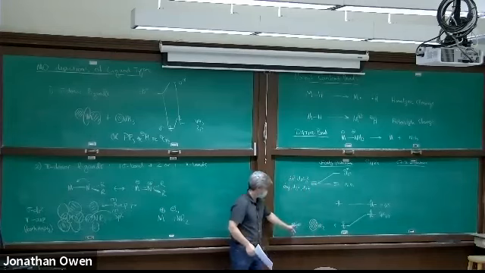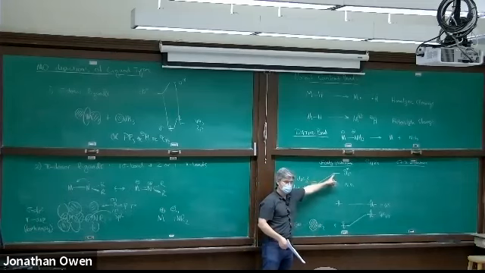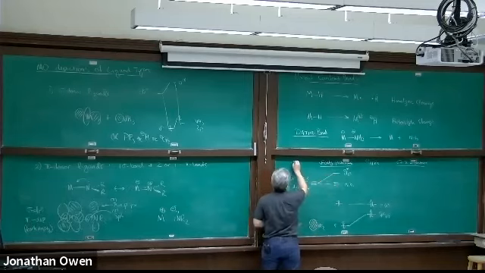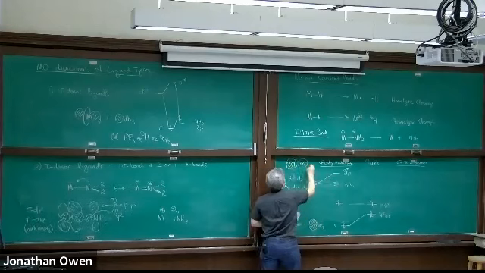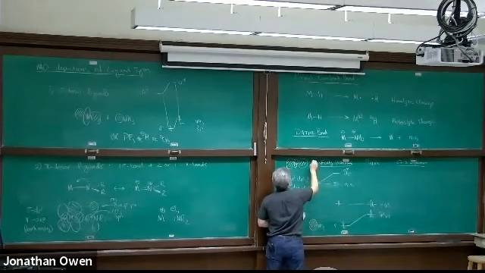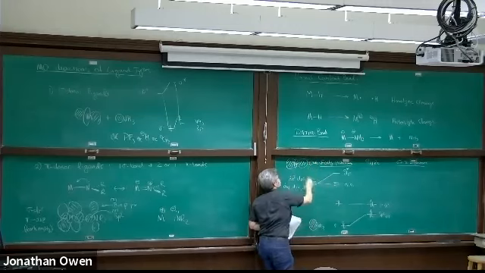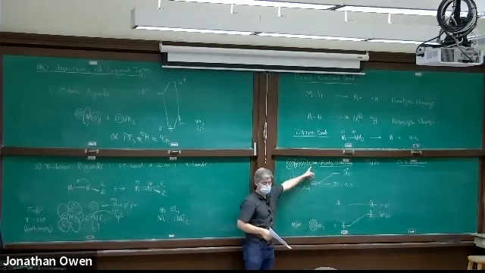Bonding combination of these two, where this coefficient is large. Okay, and how about this one? Same story, but reverse, right? This is kind of like the d orbital rather than the ligand orbital. And so this guy is going to look a lot like a dz squared. And that NR2 coefficient is going to be small.